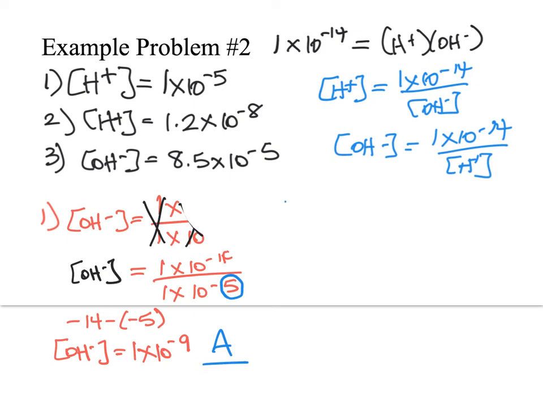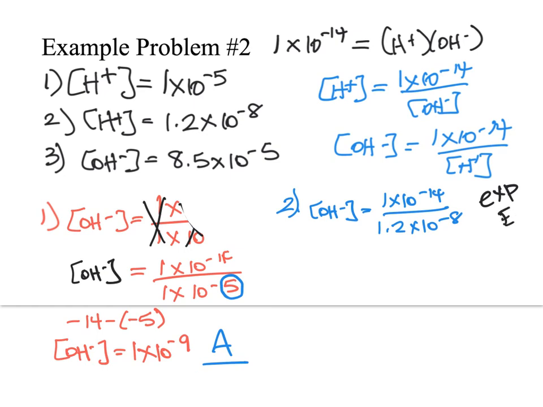All right, second example. This time I'm going to have to actually plug and chug it. I'm looking for hydroxide here. I have 1 times 10 to the negative 14th divided by 1.2 times 10 to the negative 8th. And I have to put those exponentials in, remember, using my EXP or EE button on my calculator.